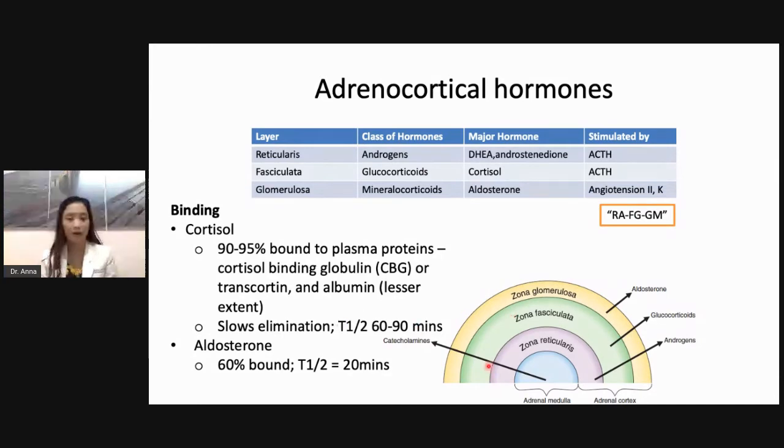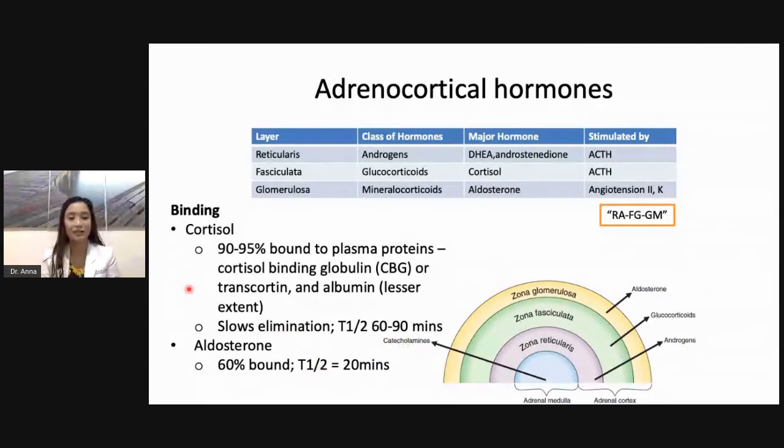Your adrenal medulla, on the other hand, is the layer responsible for secreting your catecholamines.